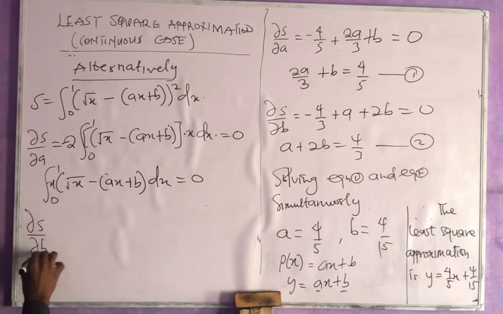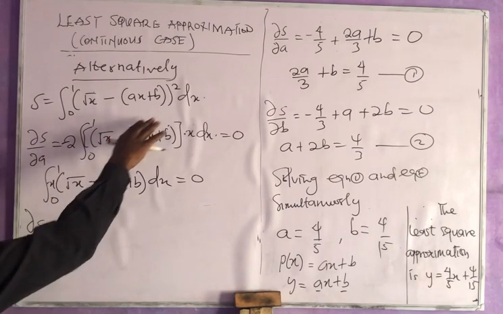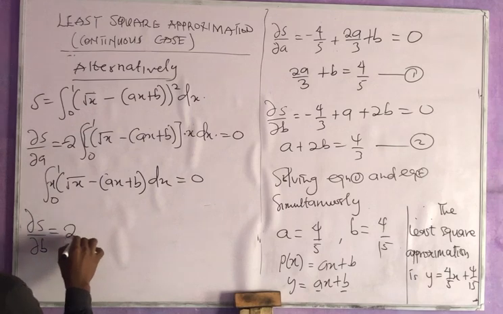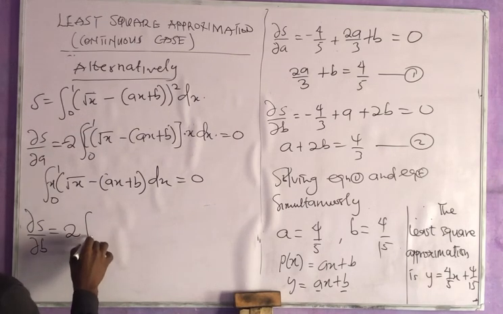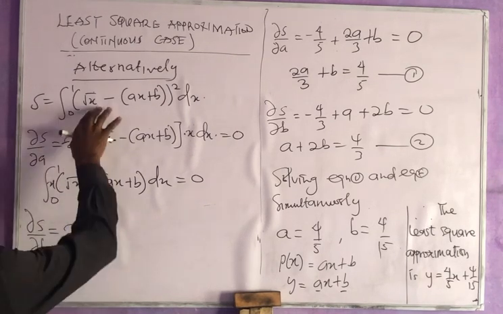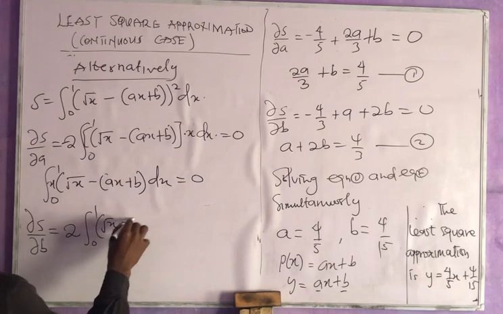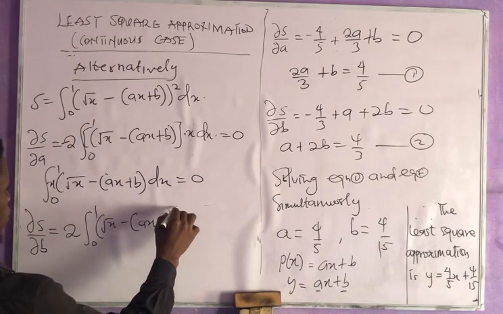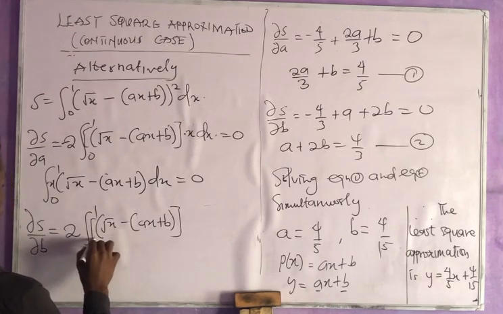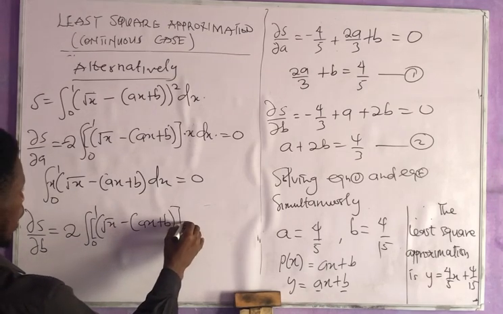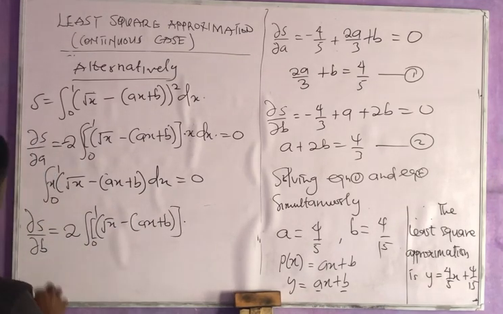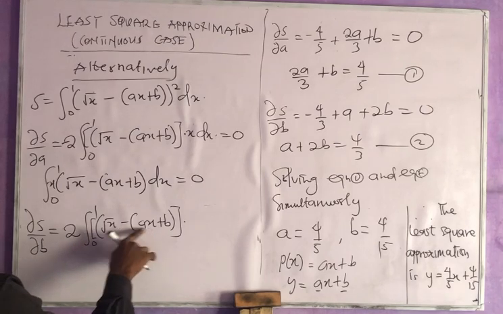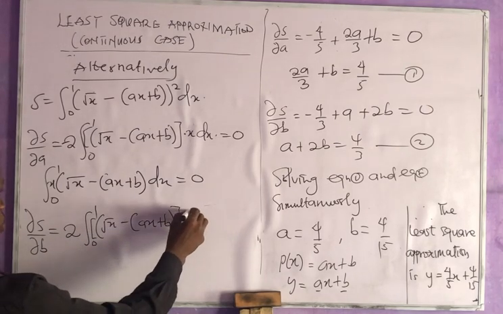So the partial of b is also going to be 2, starting from 0 to 1. Then I will maintain what is inside, root x minus ax plus b, times, now I'm going to differentiate with respect to b partially. So this and that will be 0, so b will give us 1.